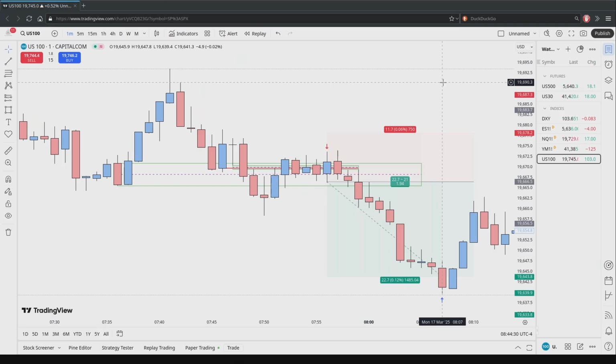So then you're going to question, why am I not taking the entry? Why am I fearful of taking the entry? And the answer comes down to, you are afraid of taking a loss. So how do you combat this?